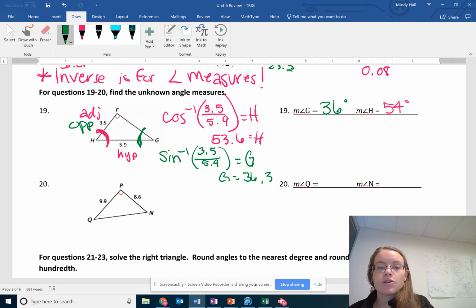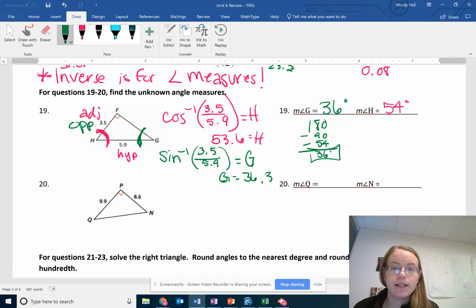If you had done it by subtracting, you'd have 180 minus 90 minus 54, and then that would also give you your degree if you need it. Okay, so either method in the green doesn't matter, up to you, but you should get 36 degrees and 54 degrees.